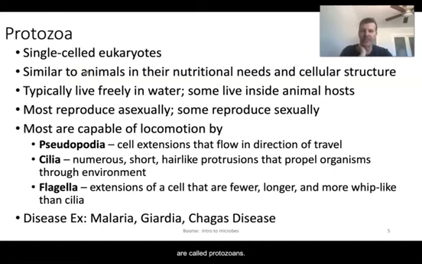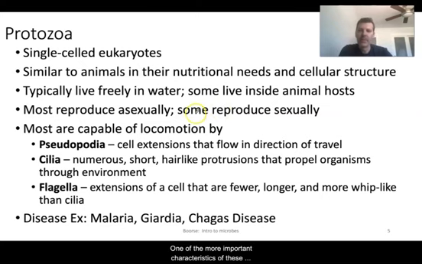Many of them are found in water, again microscopic, so you'd have to use a microscope to see them within pond water. Some do live inside the intestine or gut of other animal hosts. Many reproduce asexually, meaning the cell divides into two cells. Some can carry out sexual reproduction.